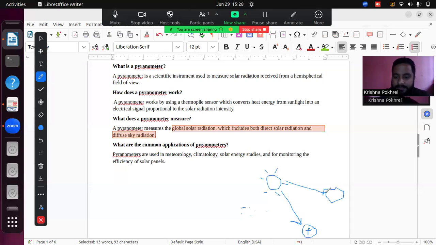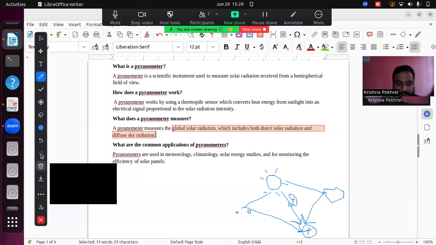If the radiation gets reflected from this surface, this is called diffused solar radiation. I'll write this radiation as direct and the other radiation as diffused, if there are water droplets and other things in the atmosphere. A pyranometer measures the global solar radiation, which includes both direct solar radiation and diffused solar radiation.